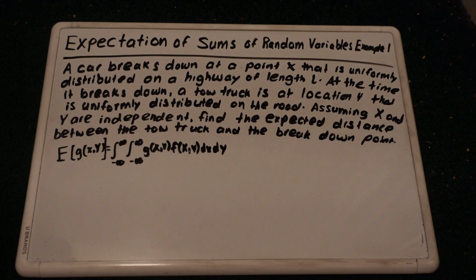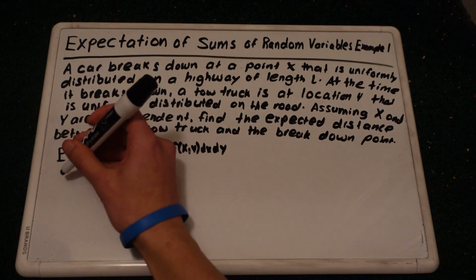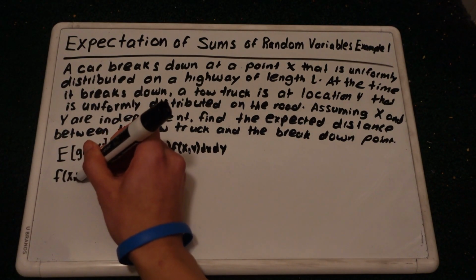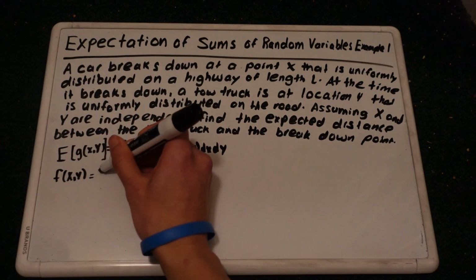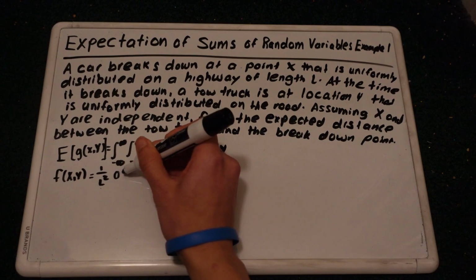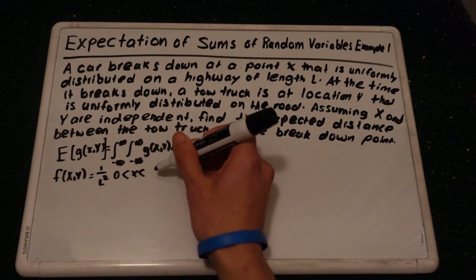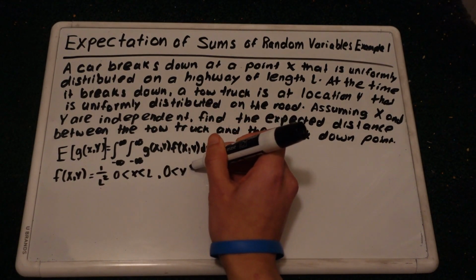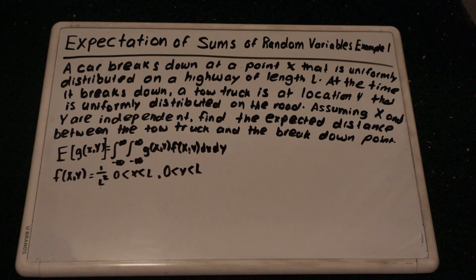So first, let me write down the joint density function of x and y for this problem. It would be f of x, y equal to 1 over L squared, where x is between 0 and L, and y is also between 0 and L. But first we need to find the distance between the tow truck and the breakdown point, in other words, the expected distance.